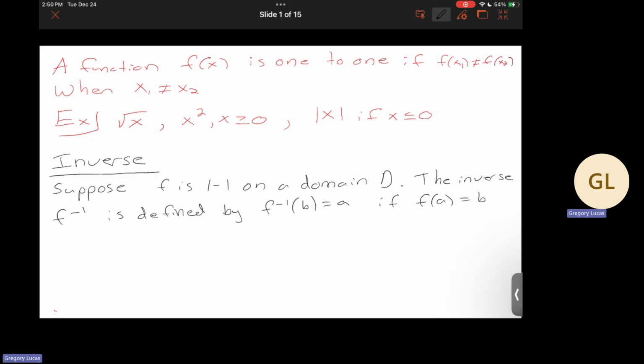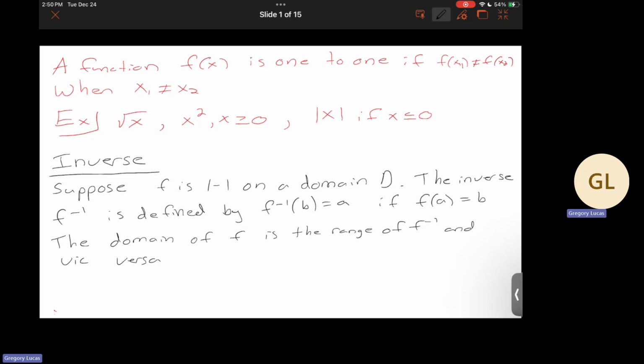And this implies the domain of f is the range of f inverse and vice versa, meaning the domain of f inverse is the range of f.